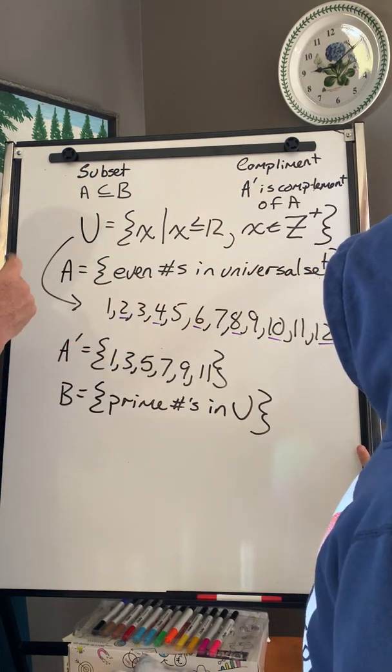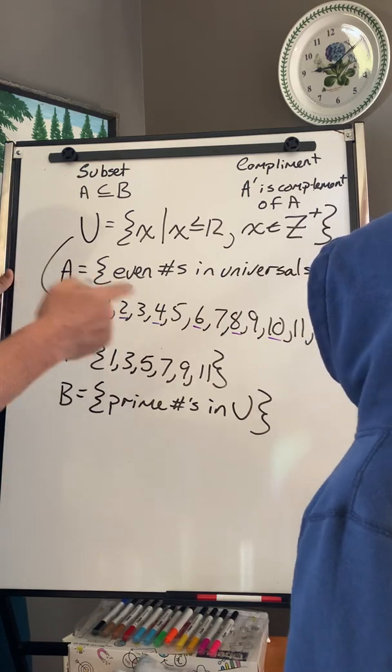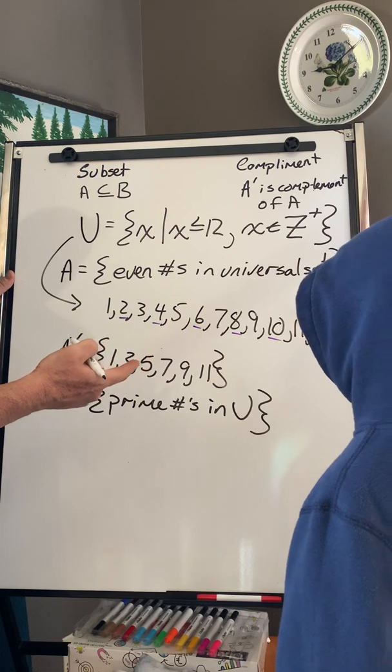Prime means there's only two factors. So only two numbers multiply together to make a prime.